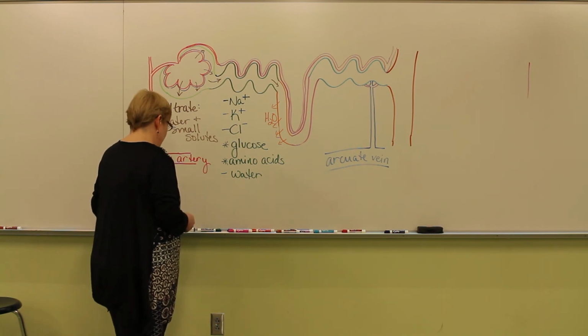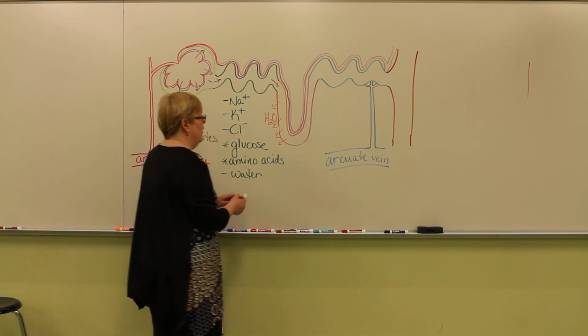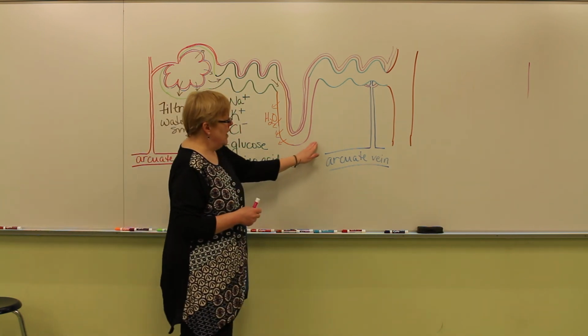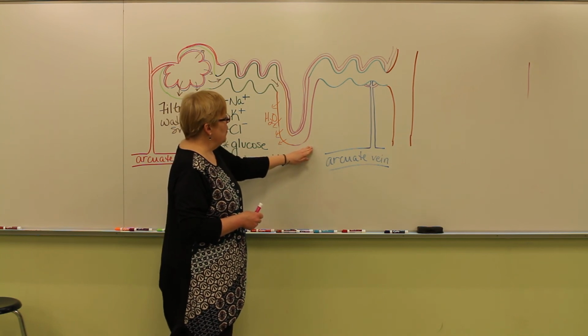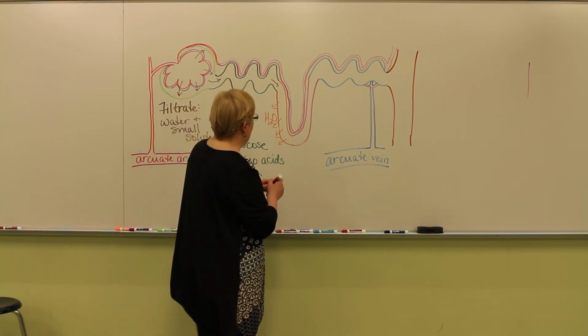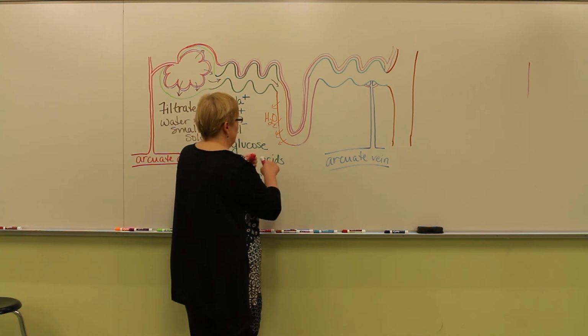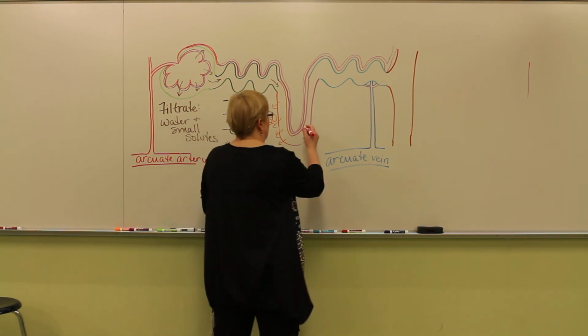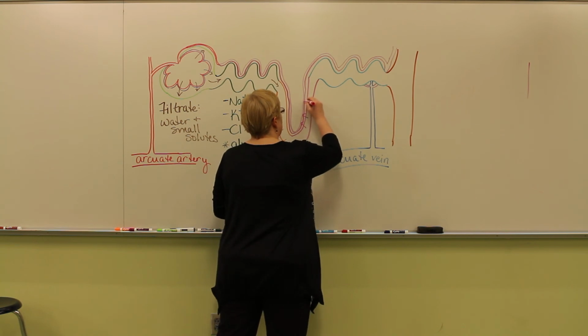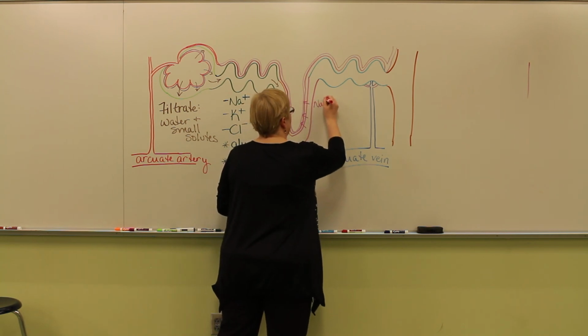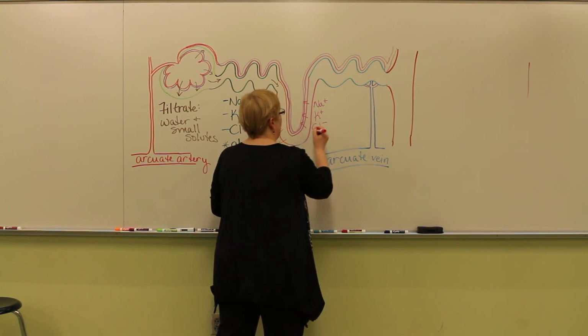Okay, as it starts to move further, now the permeability of the tubule to water will end, and the reabsorptions that are going to take place now are going to be ions. Okay, so we'll have sodium ion, potassium ion, and chloride ion.